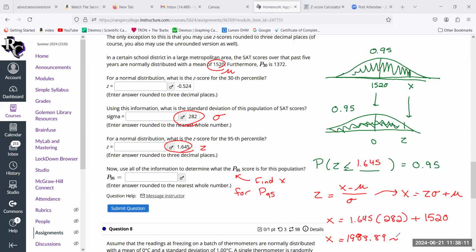So what you should get is 1,984. So it gives you 84 or 85 in case this number was off. If you didn't round that to a whole number, that may have thrown off your calculations down here, just so you know why I did that. But that's quickly how you do question number 7. If you still have any more questions about it, let me know.